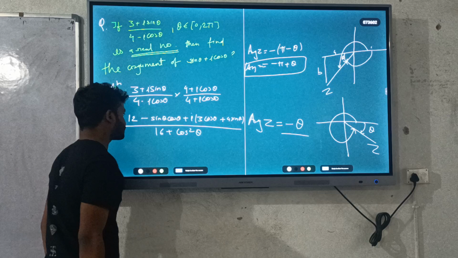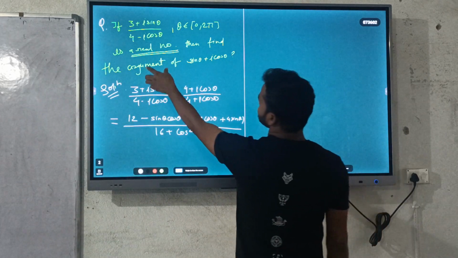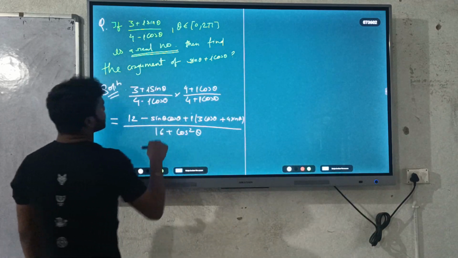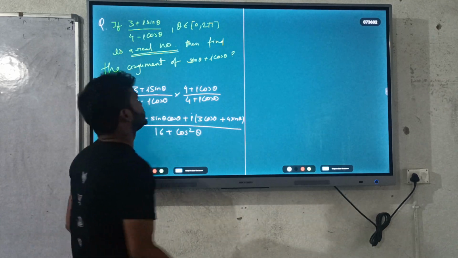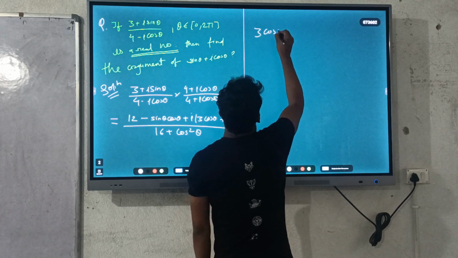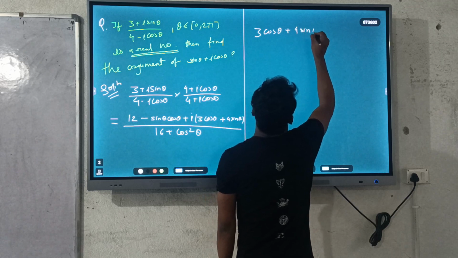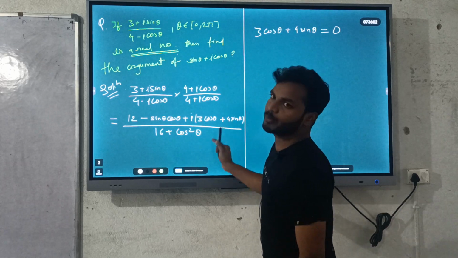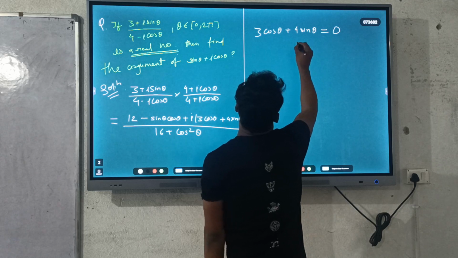Now see, as it's mentioned that this is a real number, the imaginary part of this number must be 0. What is the imaginary part? This part is imaginary, so the imaginary part of that is 0. So taking the information given in the question, this expression becomes 0. Why? Because this is a real number, there is no imaginary part in that number. So just solve it.